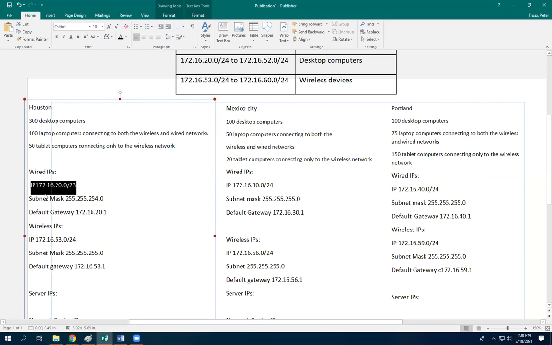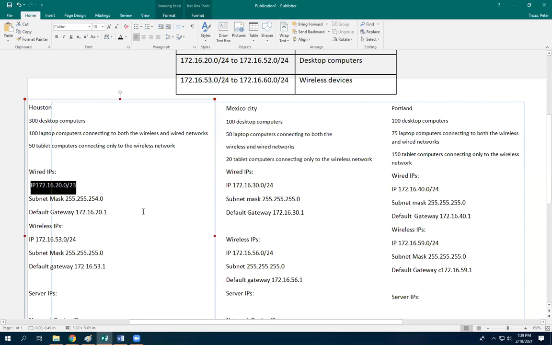172.16.20.0/24 and 172.16.21.0/24 because that would be easier, quote unquote, because it's got the subnet mask delineations in line with the octets.